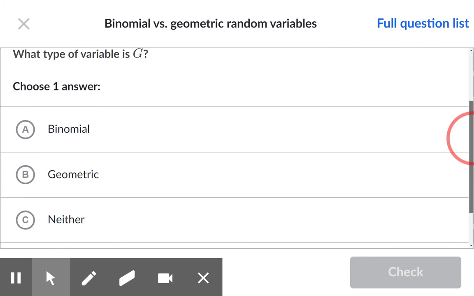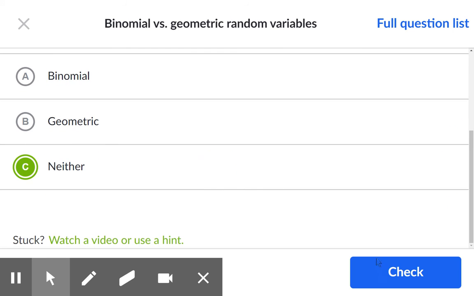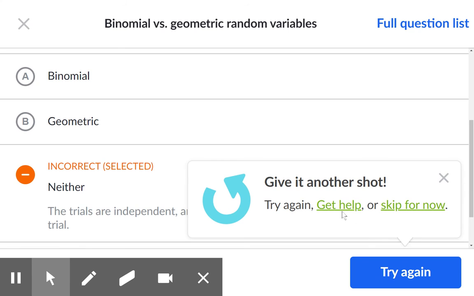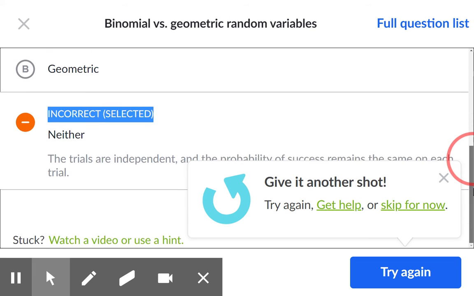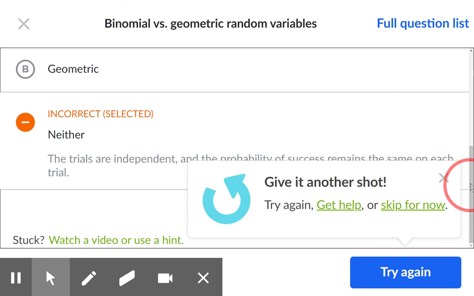So I would say in this case, neither. Oops. Well, so the trials are independent, and the probability of success remains the same.